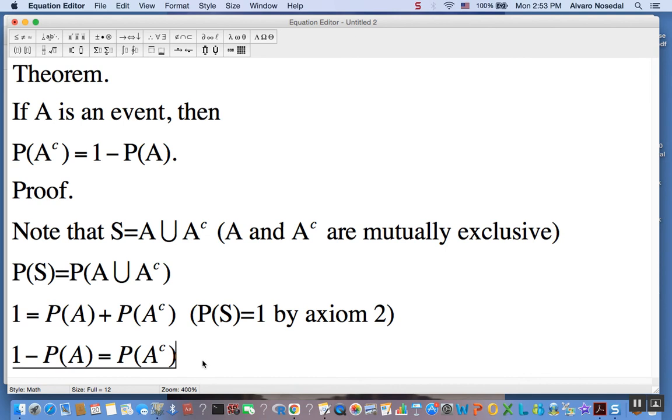So we have shown that the probability of A complement equals 1 minus the probability of A for any event A. Okay? Well, that's it.